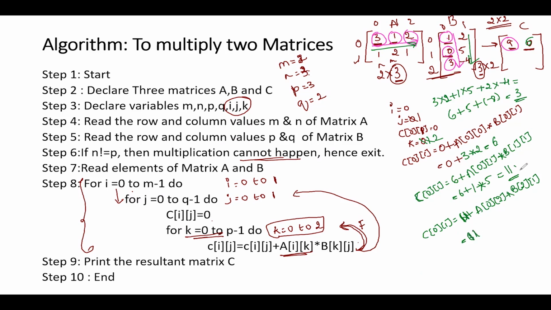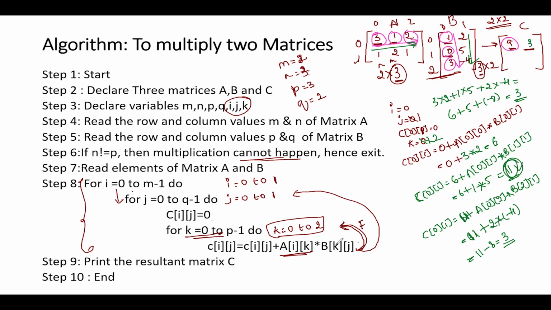Okay, we have changed the value over here. Remember 11. So 11 plus a of 0 comma 2 is nothing but 2 multiplied with b of 2 comma 1, which is minus 4. Okay, this is going to give us 11 minus 8 is nothing but 3. Hence, the final value of this particular matrix value is going to be 3.